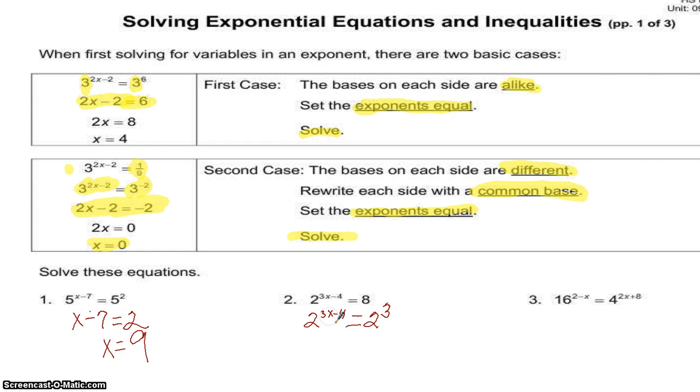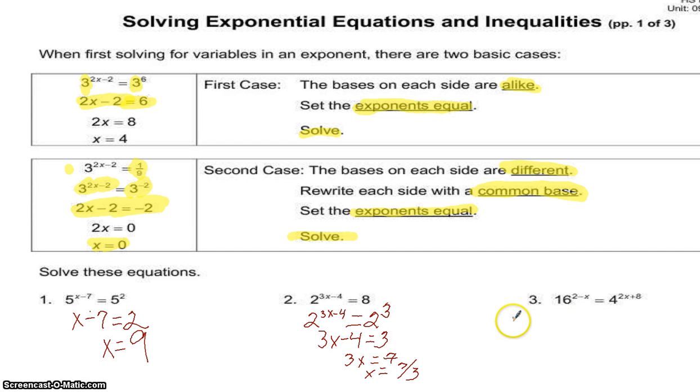Should be a 3x minus 4. So now I can focus on my exponents, which is 3x minus 4 equals 3. So if I take my 3 over, my 4 over, I'm going to get 3x equals 7, which is going to give me x equals 7/3.